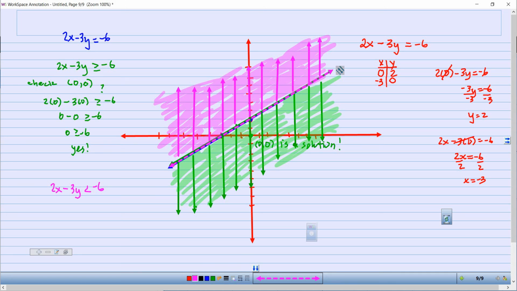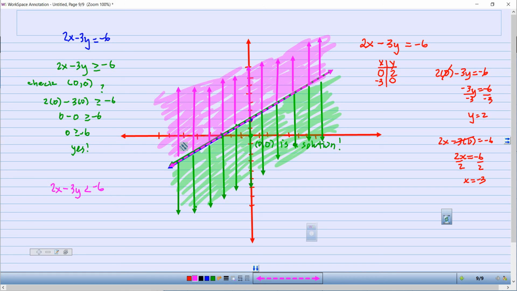Okay? So you see how that works? So when it's in standard form, go ahead and find that line by finding the x and the y intercepts, and then check 0, 0. If 0, 0 makes it true, then shade in the direction towards 0, 0.